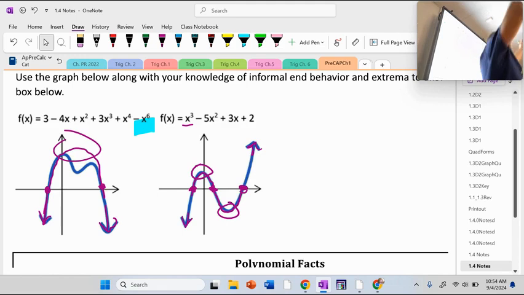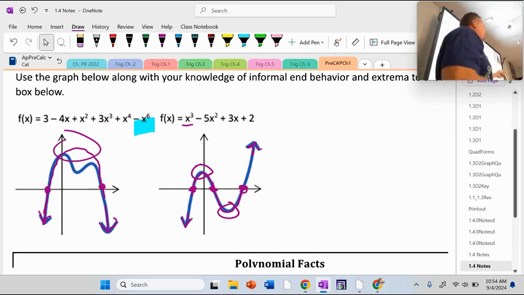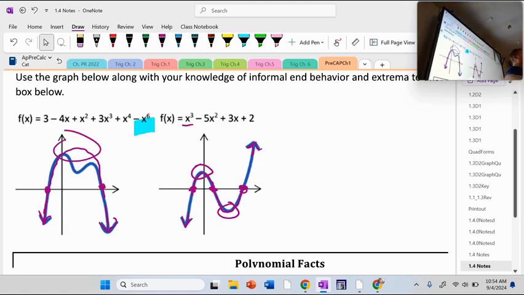If it was a positive x to the sixth, then it'd be like this. There would be an absolute low point, right? So this establishes a point for even degrees. Even degrees are guaranteed to have an absolute extrema, either absolute max or min, depending on which direction it is going. Whereas an odd degree will always be like this, which goes off to positive infinity and off to negative infinity.